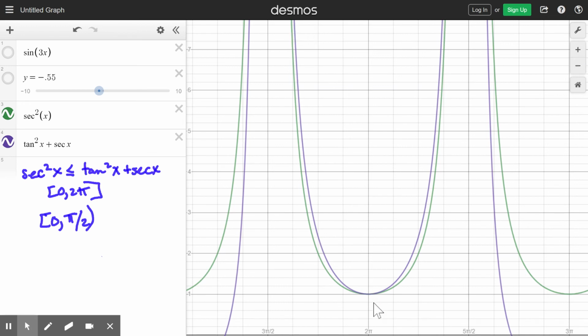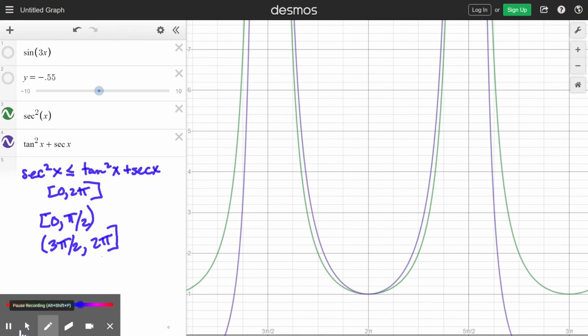And notice it is equal to, so my second section would be 3 pi over 2 to 2 pi, like that, okay? So again, knowing how to use Desmos is really, really good for these type of problems.